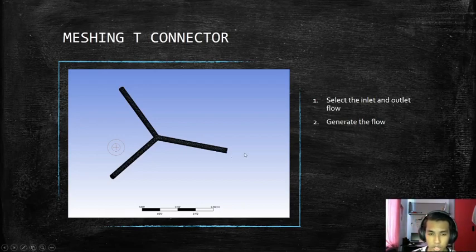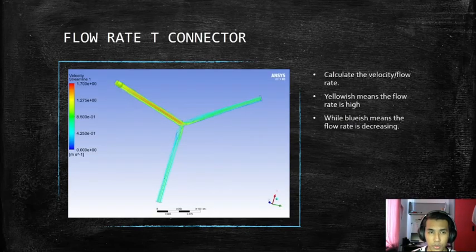In this T connector, we know that one side is the inlet flow, and the other two sides are the outlet flow, and then we generate the flow. Moving to the flow rate of the T connector, we can calculate the velocity and the flow rate. The yellowish means the flow rate is high, while the bluish means the flow rate is decreasing.